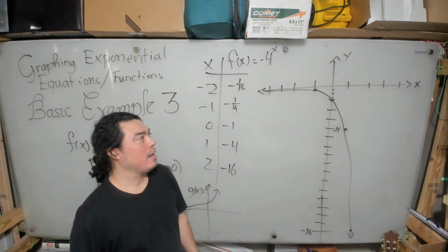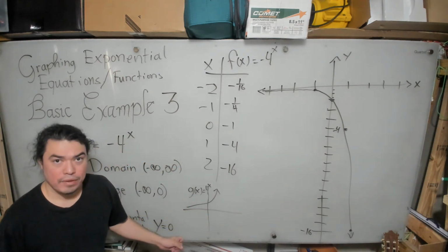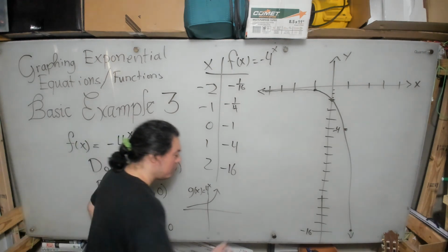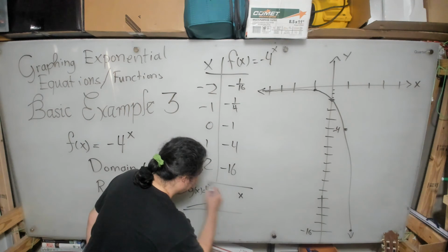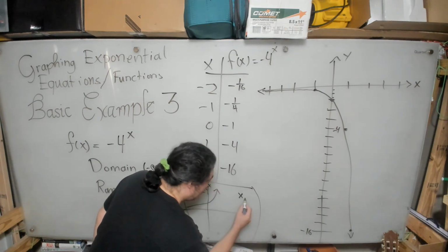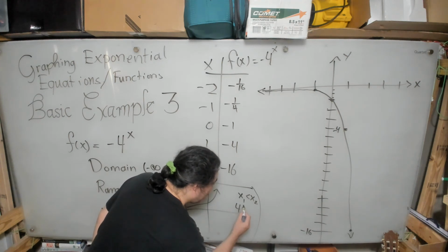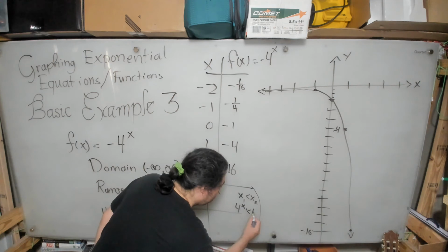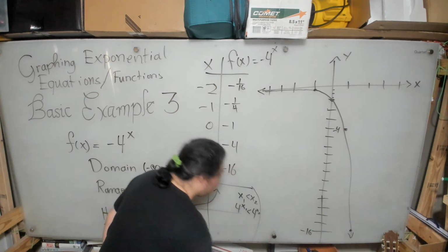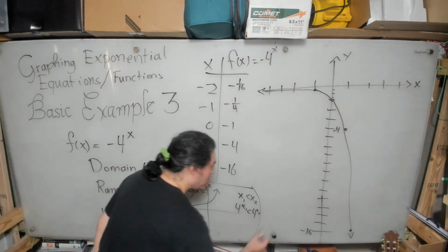Why? Because if x1 is less than x2, then 4 to the x1 power will be less than 4 to the x2. What happens if I multiply both sides by a negative? That switches the inequality.